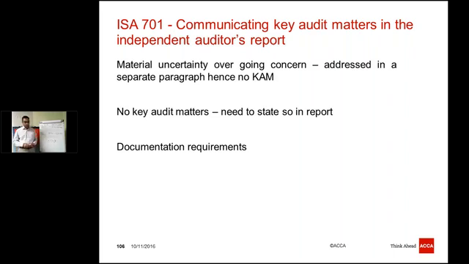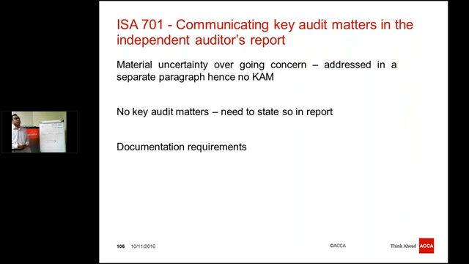One last question. This is from Fahad. Can you kindly explain briefly with example what would come in EOM paragraph when compared to KAM? Okay. An emphasis of matter is something that the auditor wishes to draw the attention of users to. It is possibly not a key audit matter.